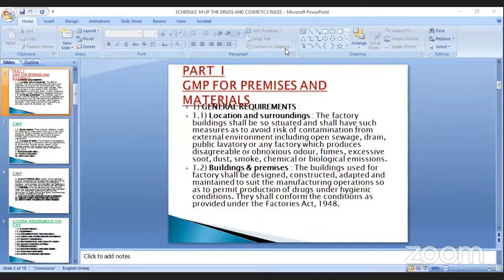So buildings should be such that the walls and floors of the areas where manufacturing of drugs is carried out shall be free from cracks.